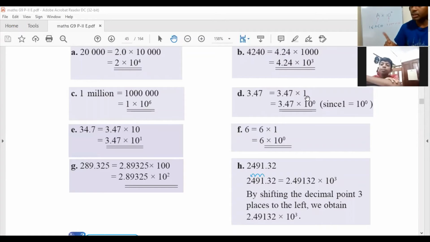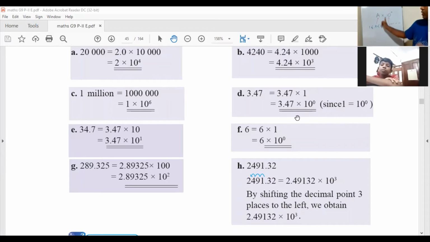You learned in the previous lesson on indices, right? 1 is 10 to the power 0. Any number to the power 0 is 1. So 1 can be replaced by 10 to the power 0. Now it is in scientific notation.